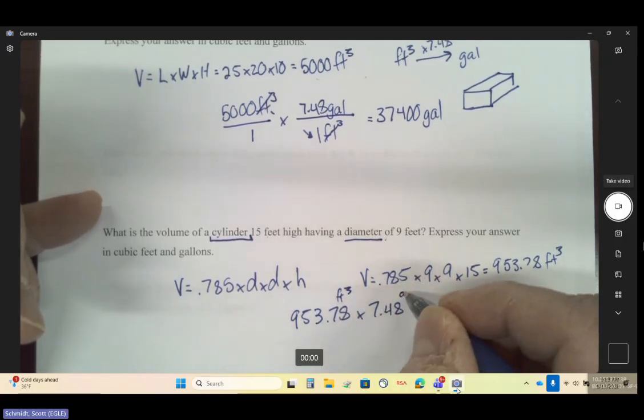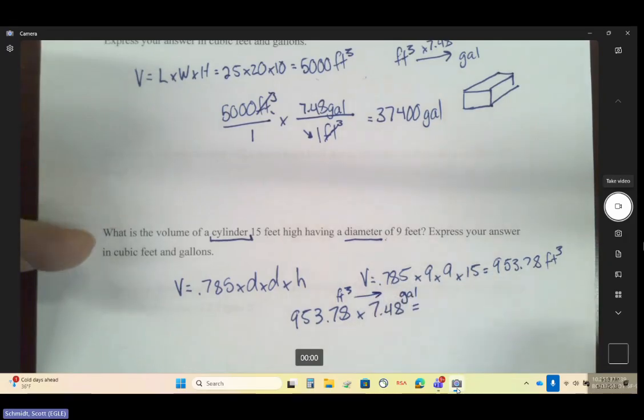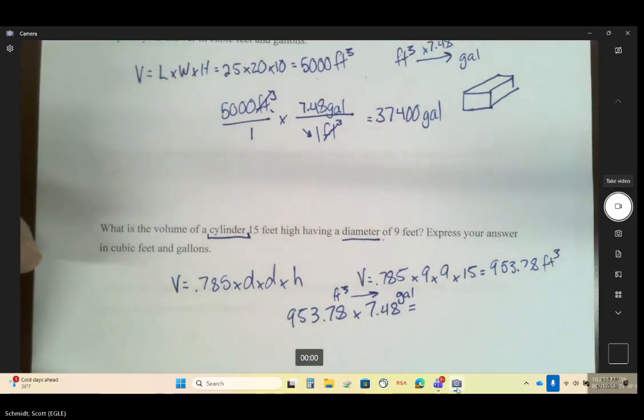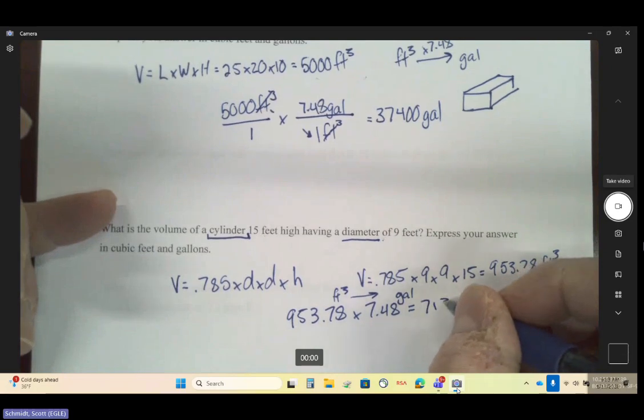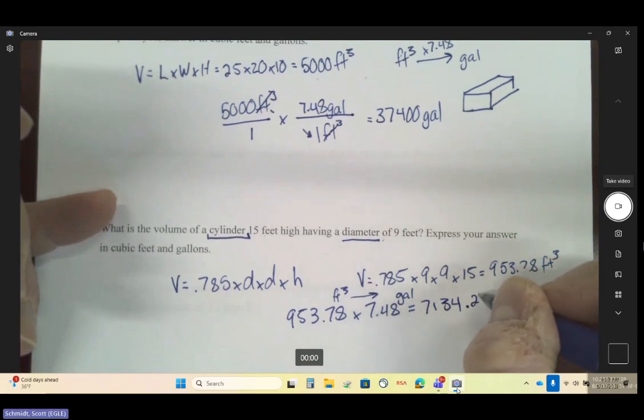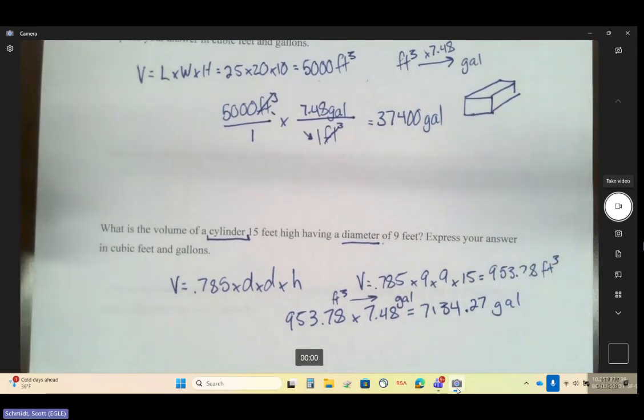Cubic feet to gallons, you multiply by the 7.48. So 7,134.27 gallons. I always round to 2 decimal places, except when we do chlorination or fluoridation, where I go to 3 decimal places on the million pounds and million gallons.